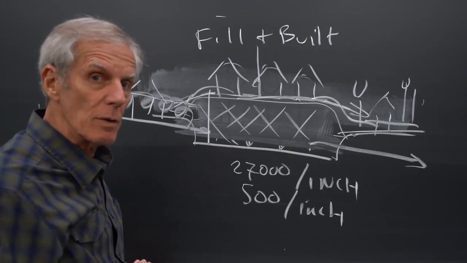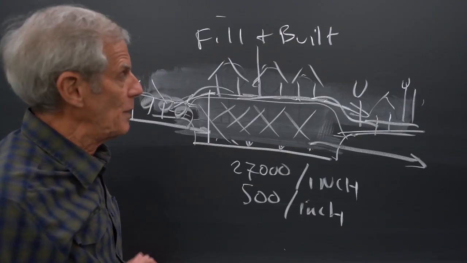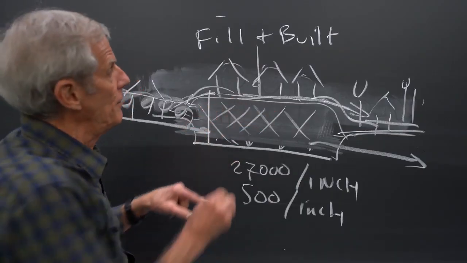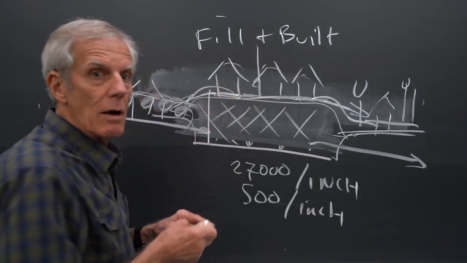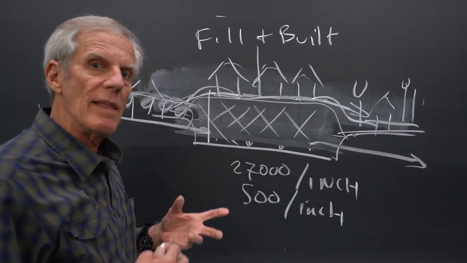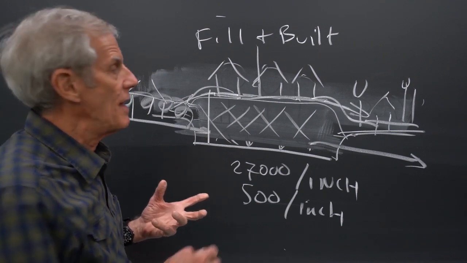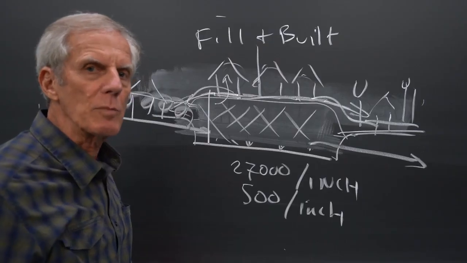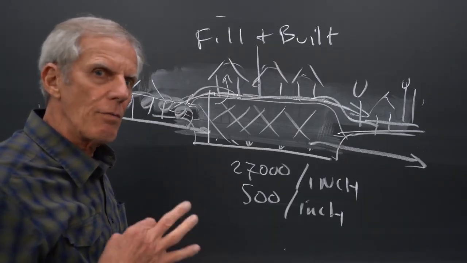So that's called fill and build. Another thing that happens is, because this land has been filled and hasn't settled for a long time, very often the foundations are made of relatively thin concrete, a slab foundation. They will crack over time, and then moisture will wick in through the bottom of the houses, and the houses have problems with mold.